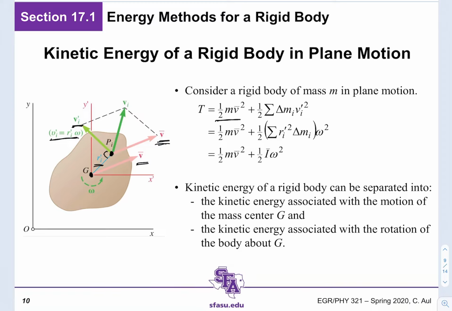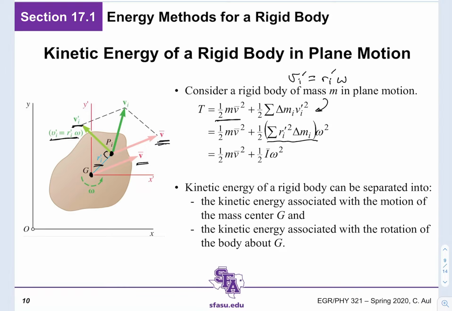So if we're looking at this velocity, it is going to be broken down into the v bar and then the Vi prime. Looking at the motion of Vi prime in this system, we can relate and say that Vi prime is just going to be equal to Ri prime multiplied by omega for the body.